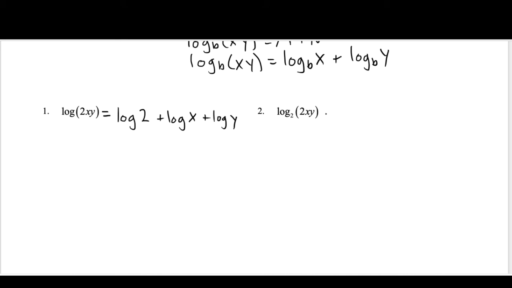Or here, log base 2 of 2xy, this is equal to log base 2 of 2 plus log base 2 of x plus log base 2 of y.